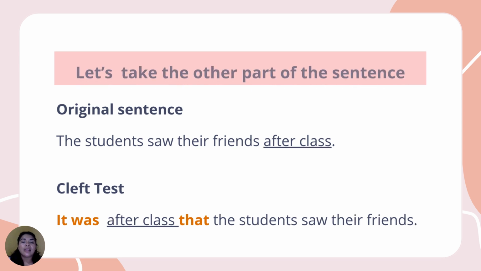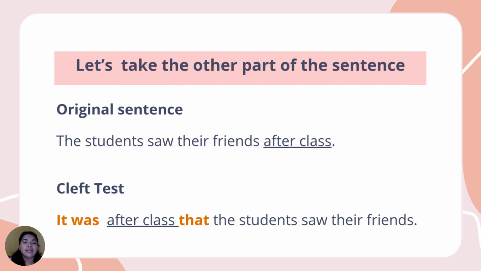But let's take the other part. Now "after class" is underlined, so we go to the cleft test. First "it was," then "after class," then "that," then the students saw their friends. It was after class that the students saw their friends.